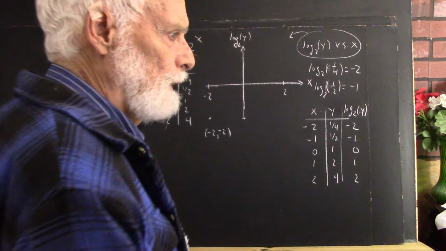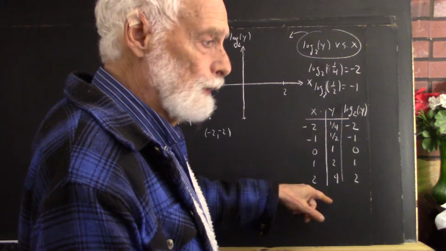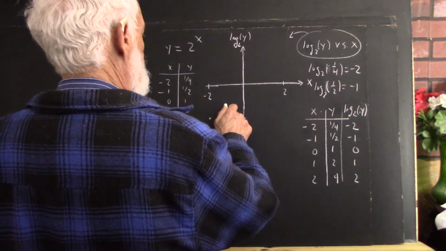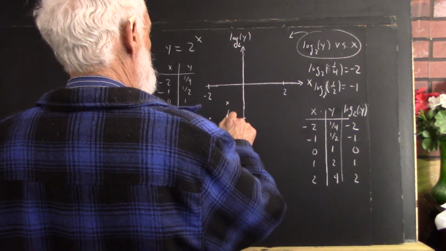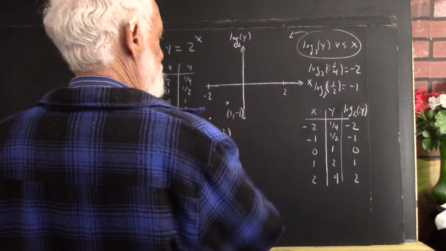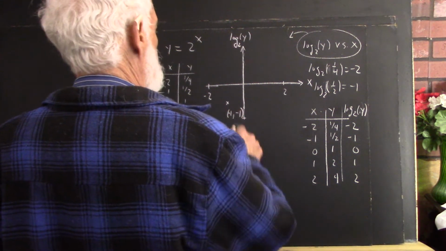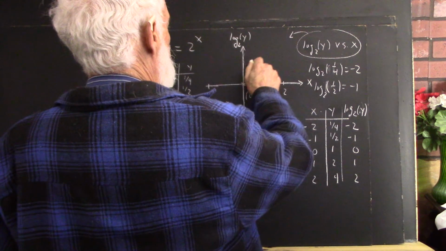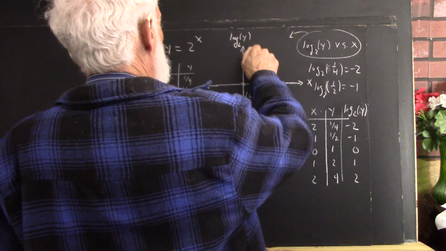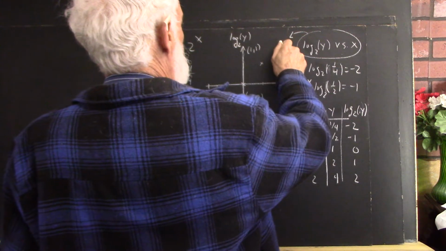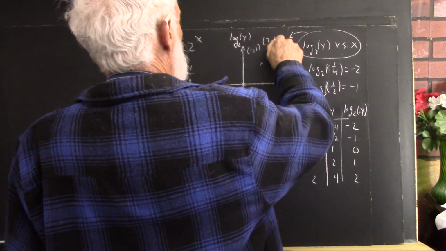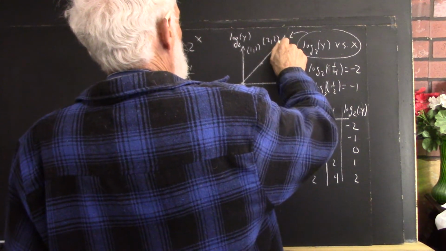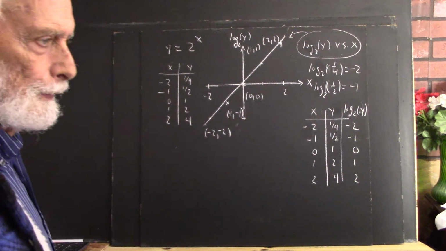And the values continue. So if you do log base 2 of each of these, this is what you're going to get. So you're going to have the points 2, negative 2, negative 1, negative 1, 0, 0, 1, 1, 2, 2, and you're going to have a straight line that passes through all of those points.